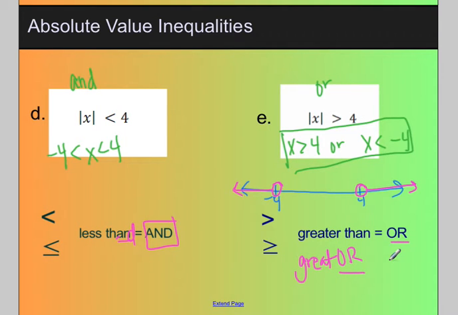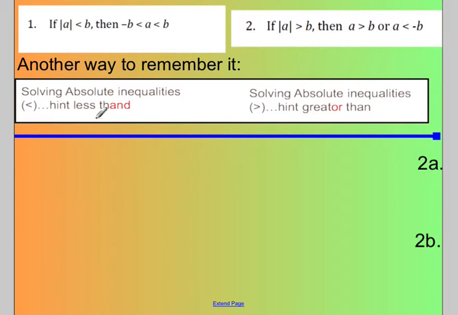So the greater is a greater statement, so it's an or statement, and less than is an and statement. Okay, so I just kind of gave you my little hint here. Sorry, it's not an example, it's just part of our description for us to remember. So if it's a less than, it's once again an and statement. If it's a greater than, it's an or statement.